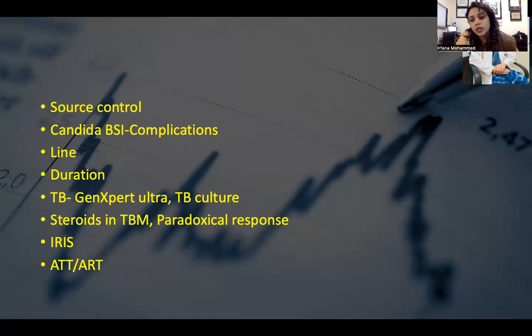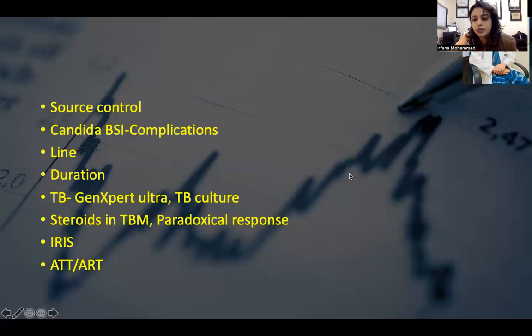If you have diagnosed any infection like TB or cryptococcus, you have to treat for 2 to 4 weeks depending upon the patient, and then after you get relief of symptoms from the primary disease, you go and start ART and monitor the response. After starting ART, if you get a paradoxical response, it is not an indication to stop ART, but you have to just give steroids and then continue the HIV treatment.